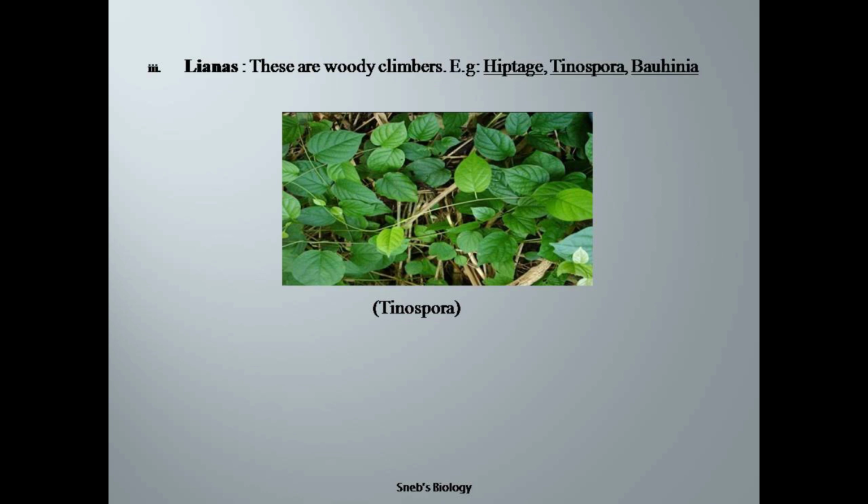These lianas are woody climbers. At first they are green stems, but after some secondary growth appears, they become woody. For example, Tinospora, Bauhinia, Hiptage, etc.